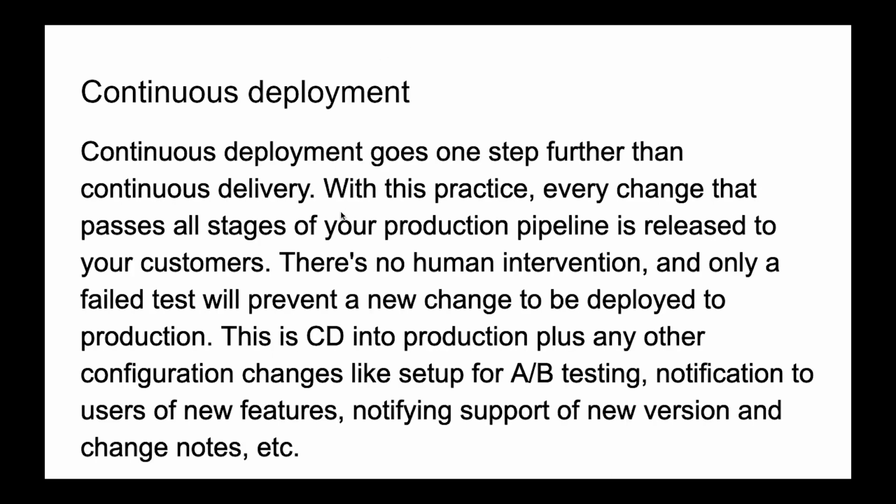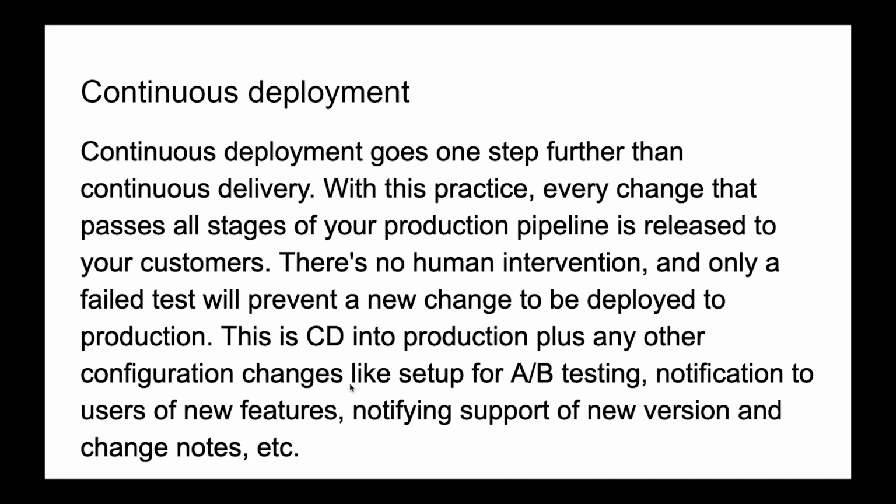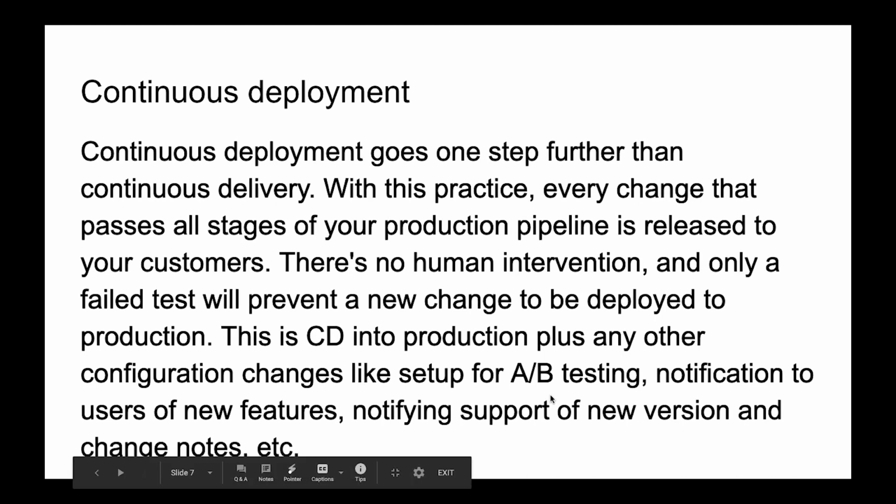And continuous deployment, as I mentioned before, is almost the same, but it happens automatically. So there is no human intervention and everything will be published if all tests pass. Also, what we should mention here is that after continuous deployment, there might be some additional steps in our pipeline. For example, we can make some configuration changes like setting up A/B testing.